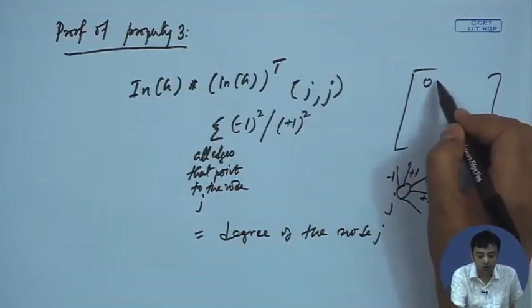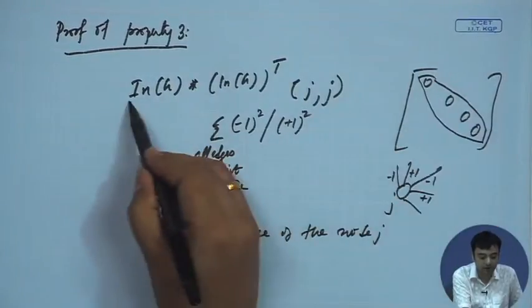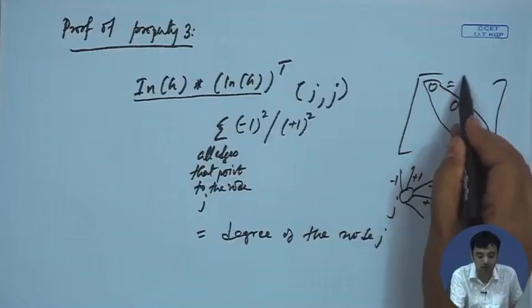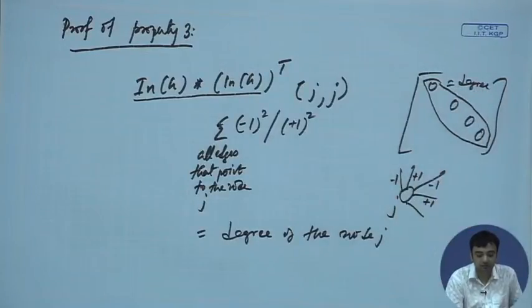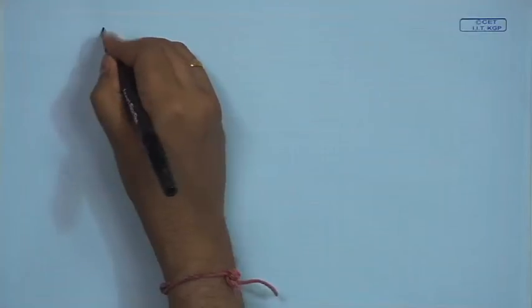You have shown that the diagonal entries of this product matrix will be equal to the degree. As we have seen in the Laplacian matrix also, the diagonal entries are nothing but the degree of the nodes. So, that part we have already shown. Now, we are left to show the other part.